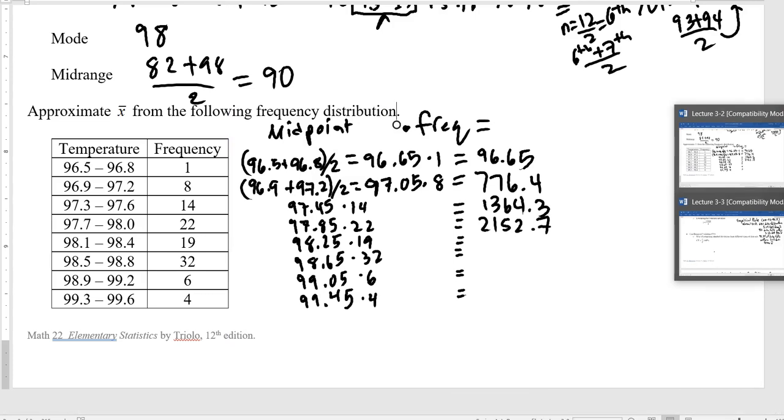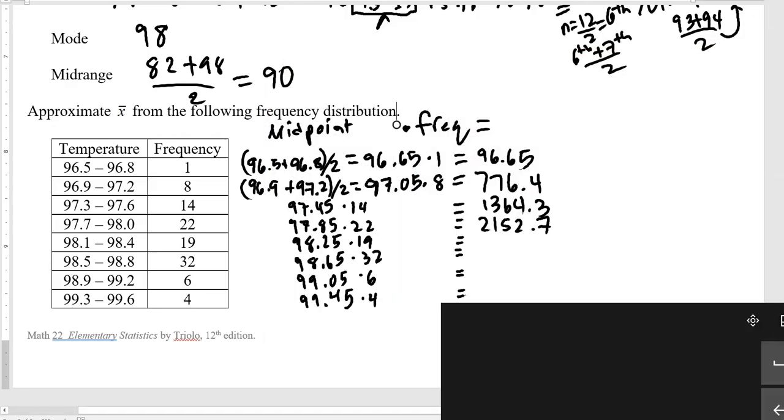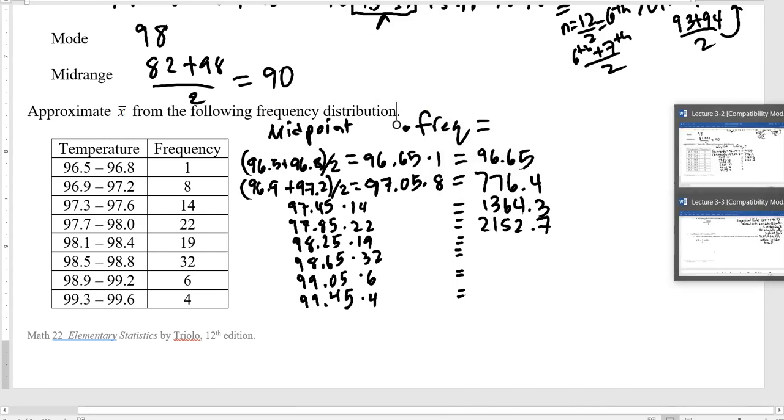98.25 times, is it 17? I think. What was it? 19.